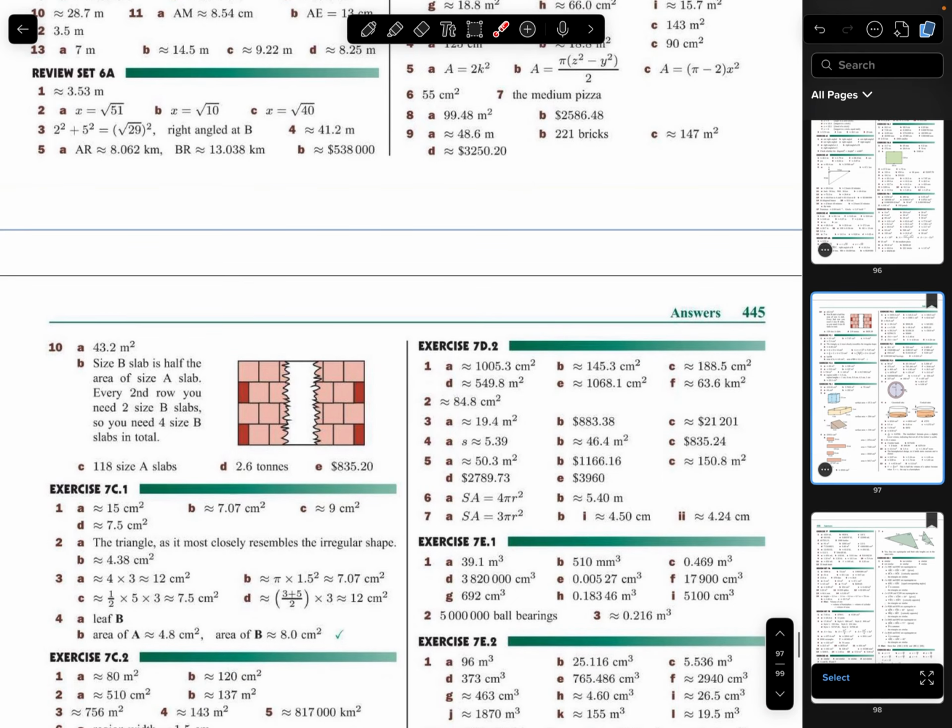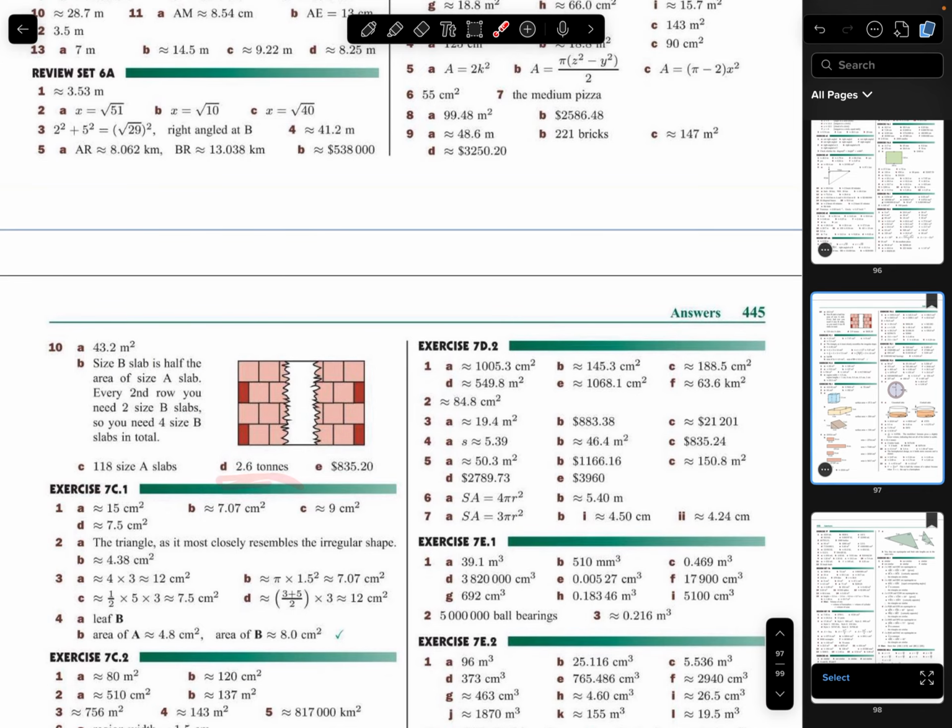Lastly, 43.2. That was correct. This you can explain it either way. 118 size A slabs, 2.6, $835.20.